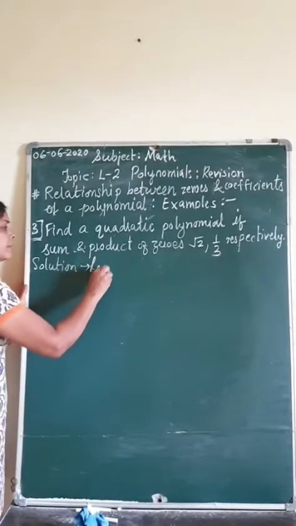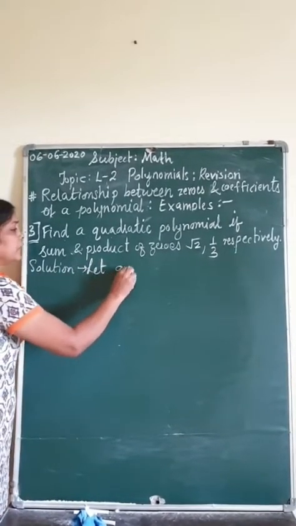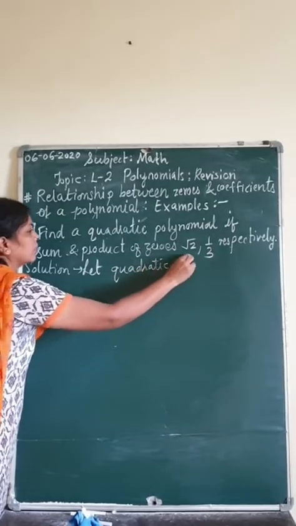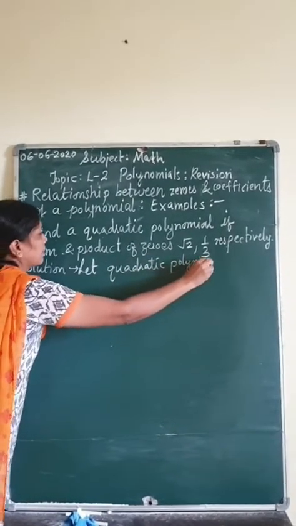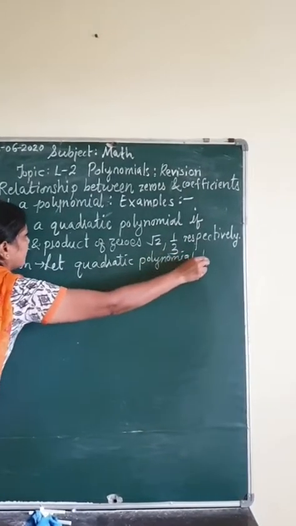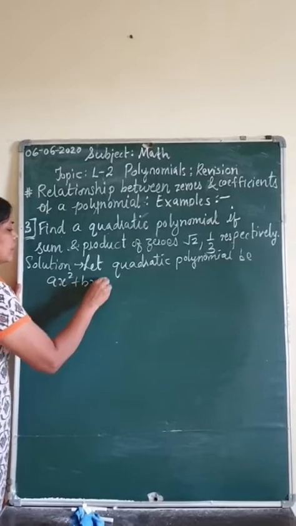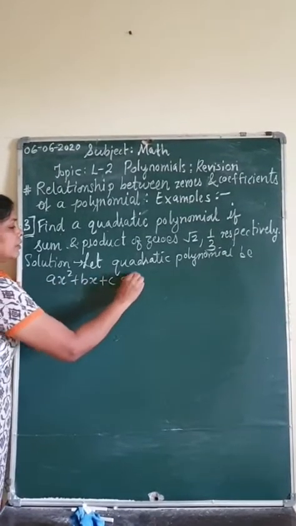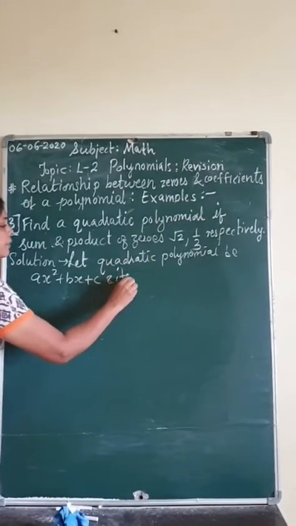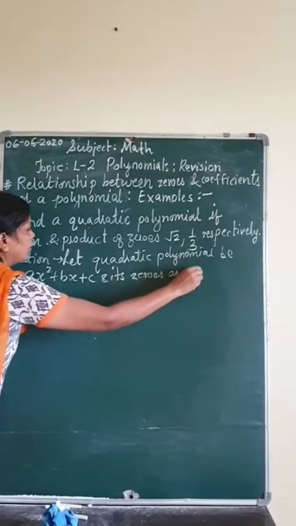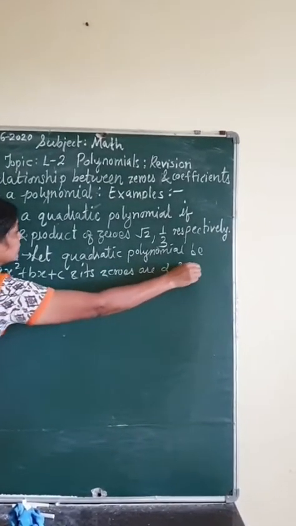as, let the quadratic polynomial be ax square plus bx plus c and its zeros are alpha and beta.